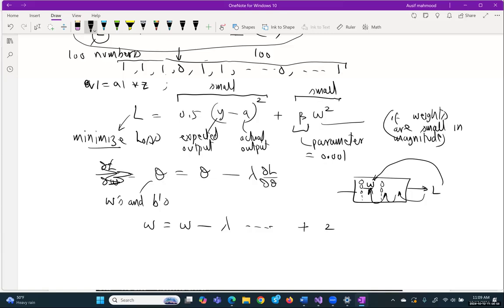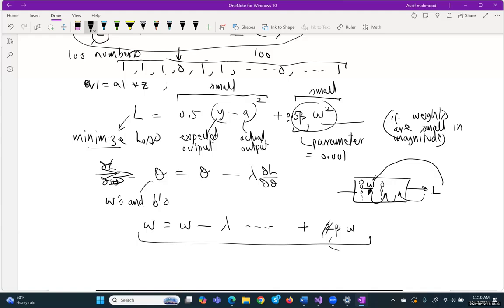As you can see, this will become 2 beta W, because of the derivative over here. So in our weight update, if we make it 0.5 over here as part of the loss function, then 2 and 0.5 will cancel, so then I don't need the 2.